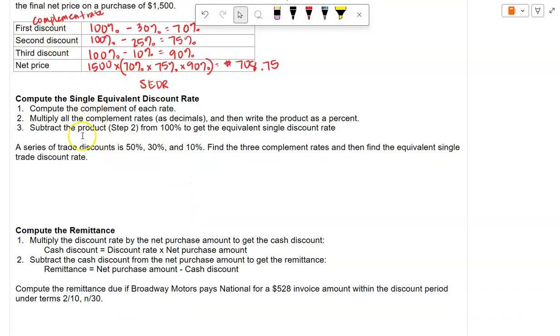When we're calculating our single equivalent discount rate, or SEDR, we first compute the complements of each rate. That's these steps that we did right here. Then we multiply all of them as decimals. We write the product as a percent. And then we subtract that from 100%.